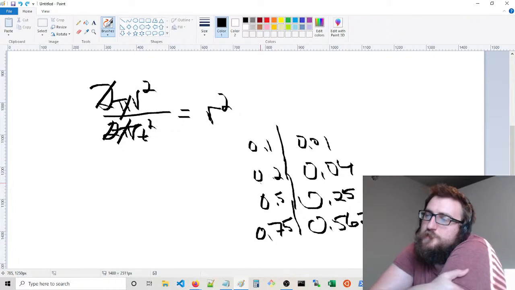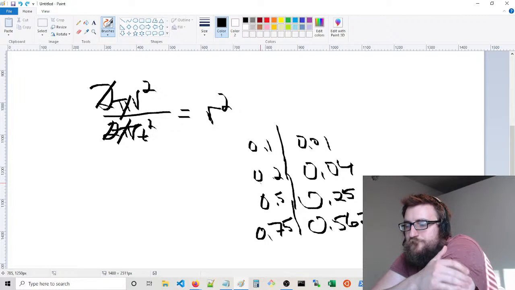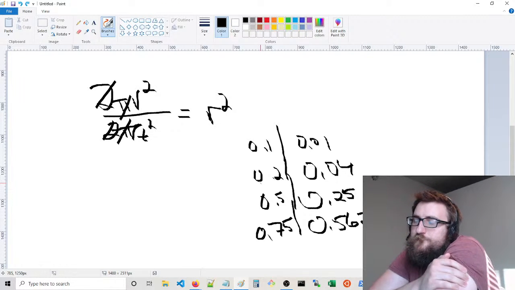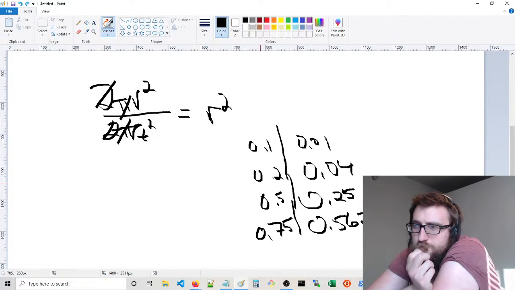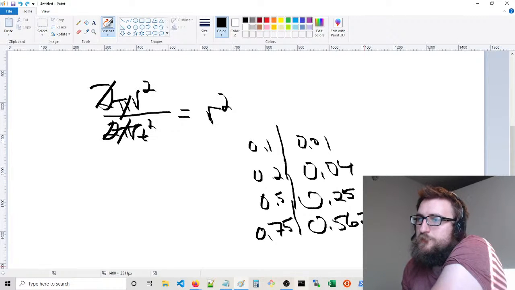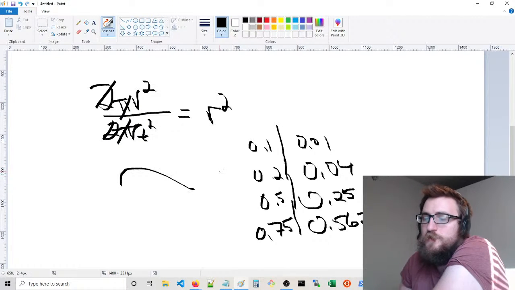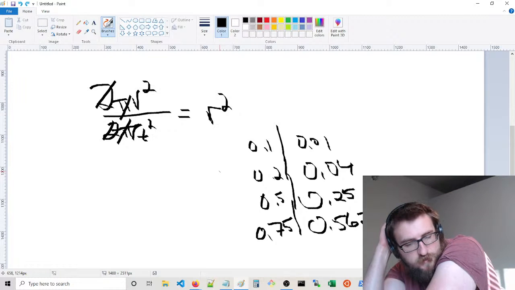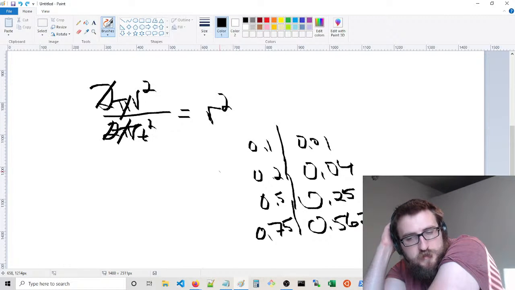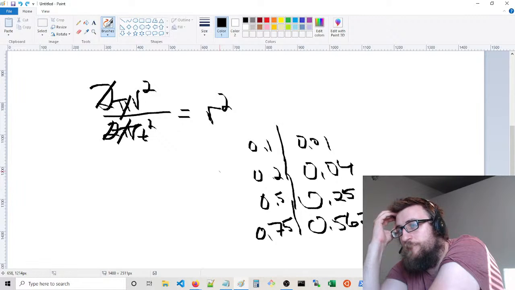Okay, so take the square root of 0.2. It actually makes it bigger, which is a little weird. So actually, when you take the square root, it does this funny thing where it actually increases the probabilities from 0 to 1.0.